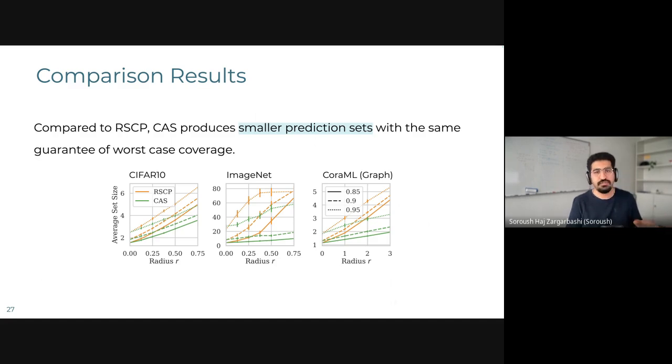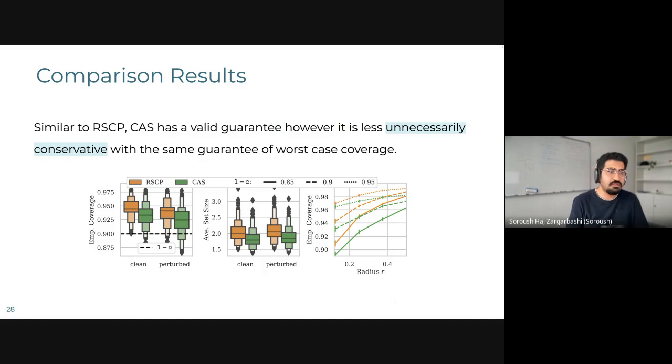And for the graph, we use the sparse smoothing approach, which just accounts for different sampling probabilities for edge addition or edge deletion or attribute addition or attribute deletion. And we beat the other approach in all these three data sets and all score functions. And we maintain the same valid guarantee.